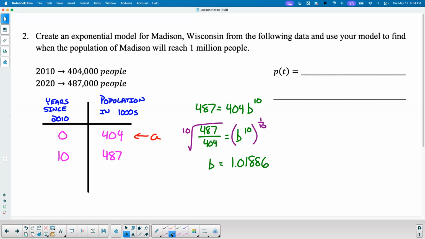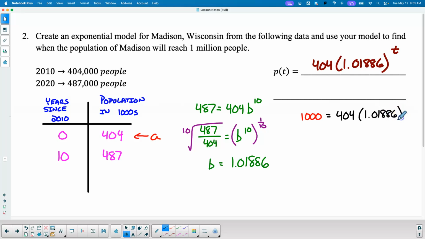So P of t here is going to be that. Then I want to know where that's 1 million people. So in terms of thousands, 1 million is 1,000 thousands. So then I'm going to divide by 404.